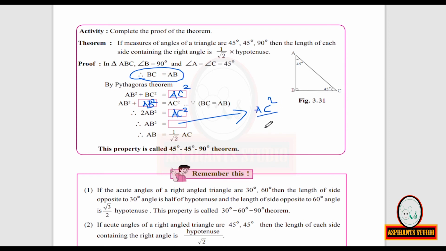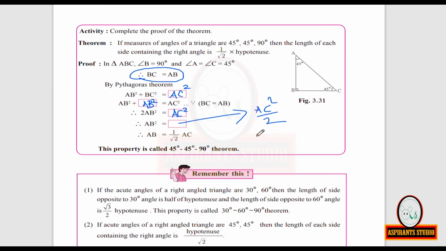Now I want to remove the square. I want the value of AB. So now taking square root on both sides, you will get square root of AB square is AB, because square and square root are opposite operations, is equal to 1 upon root 2 into AC, because square root of AC square upon 2 will become AC upon square root of 2.